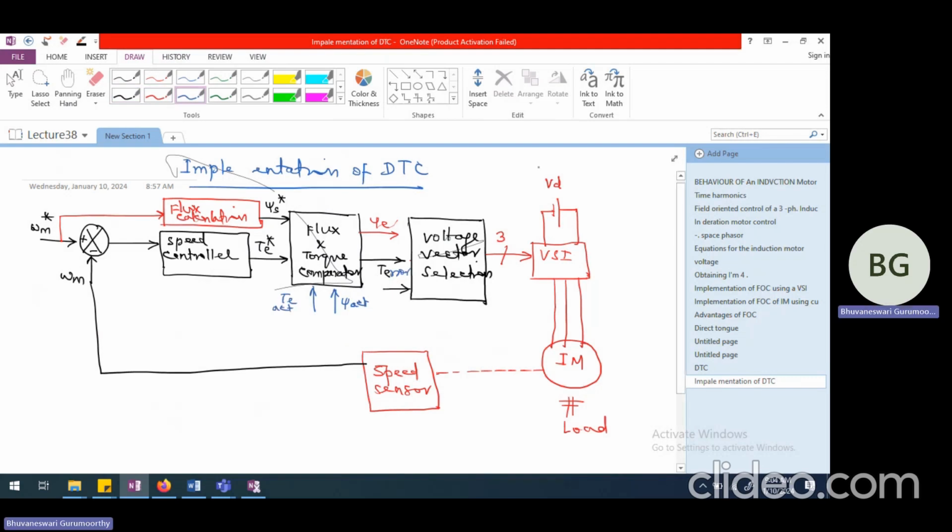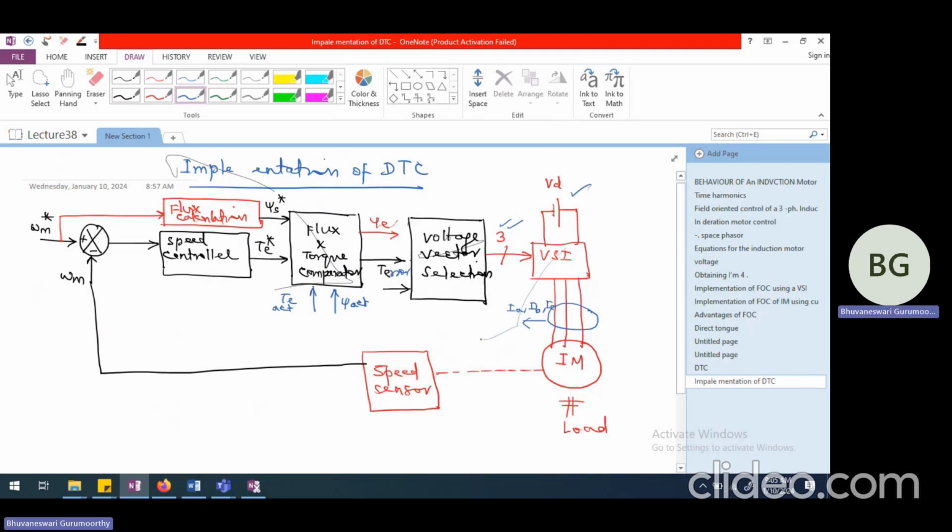Now, what we are going to do is to get the value of IA, IB, IC. So from here, what we are going to get is current sensing. And we know the exact three voltage vector positions, the three switch positions, and we also know the DC link voltage.